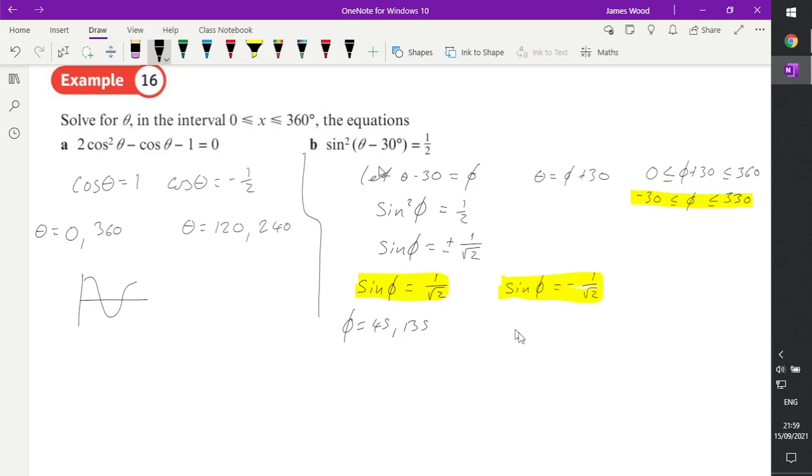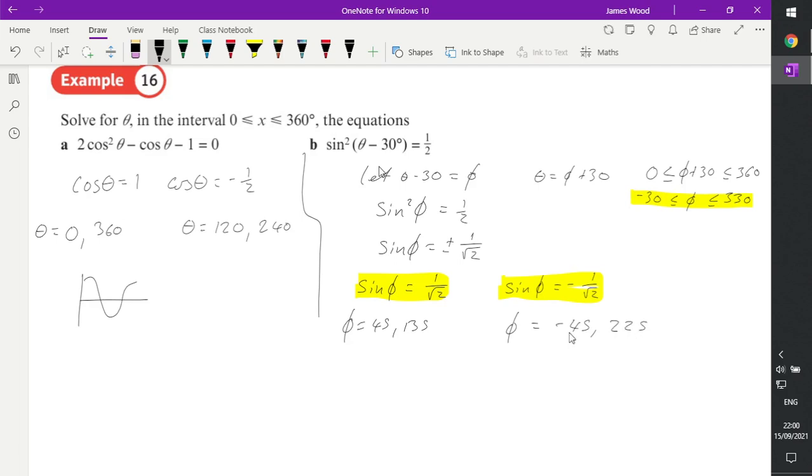So those are the only two there. If it's negative 1 over root 2, so inverse sine of minus 1 over root 2, I'll obviously get minus 45 as my first solution, which isn't quite in my limits. We can do 180 minus that answer. It's going to be 225, that is in the solutions.